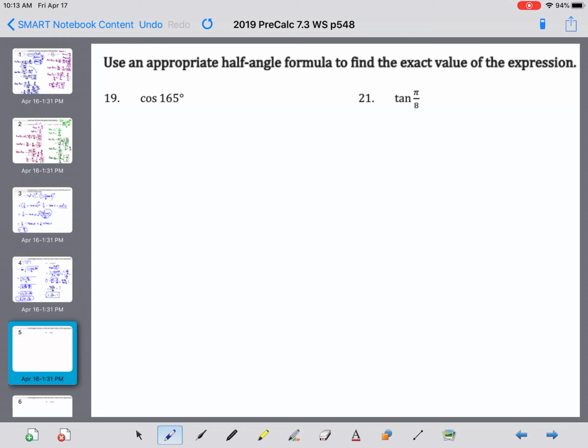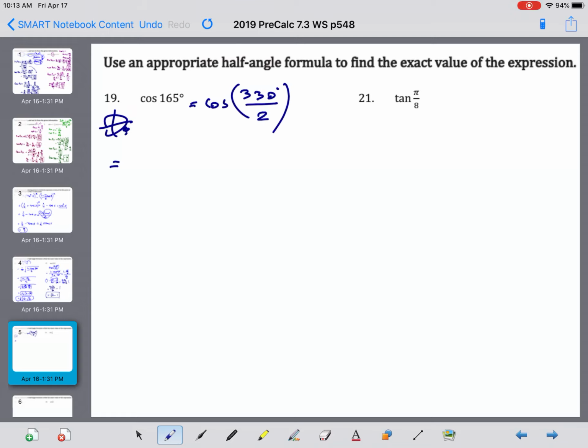Continuing here with these half angles, I'm going to think of this one as cosine of 330 degrees over 2. Remember, 330 degrees is right here. I'm in that quadrant and I want cosine.